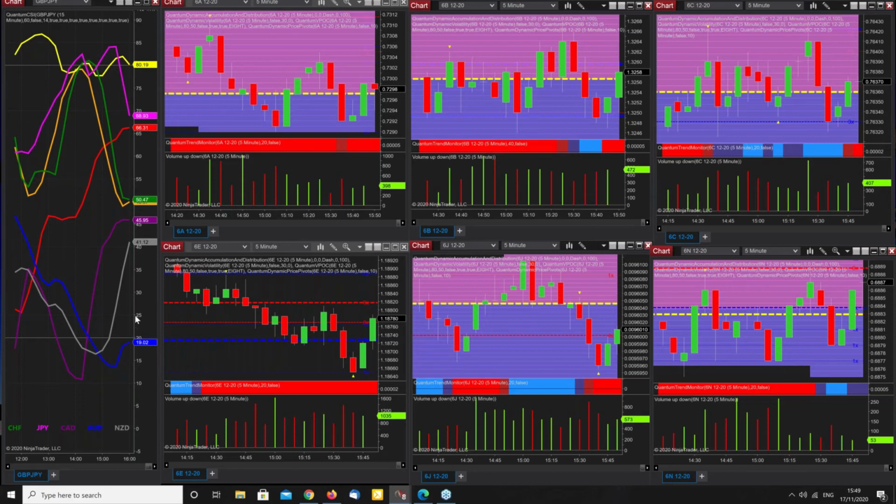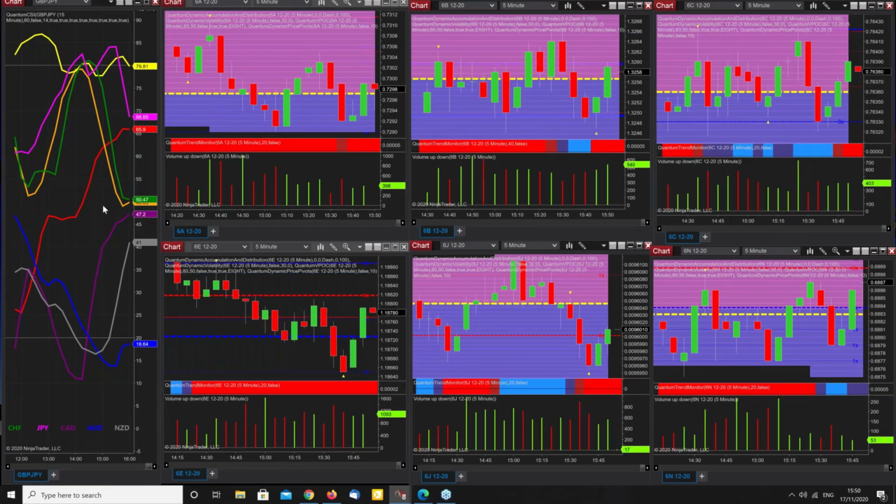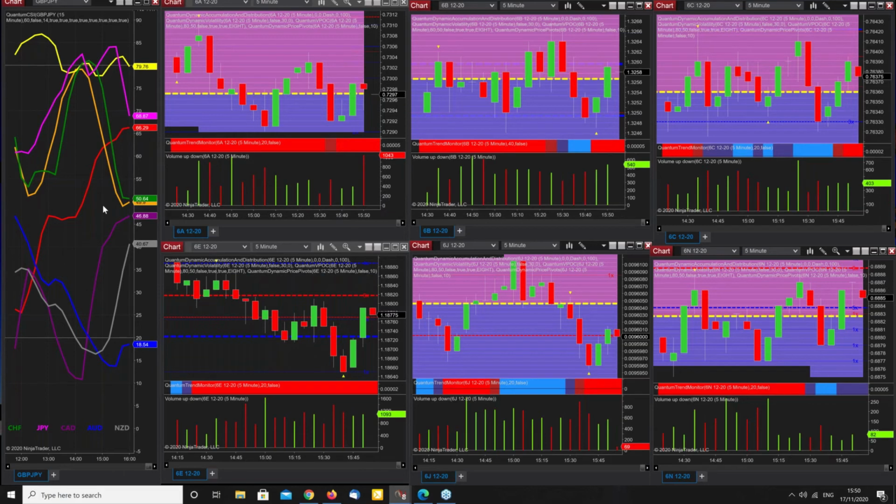You want to see the Aussie climbing with this sort of momentum, but certainly the yen is starting to fall away nicely on 15 minutes. So you're starting to see that ripple-through effect of a change in sentiment, and now we're starting to see risk-on sentiment take hold with the markets rallying further, which is nice if you're in that trend on the Renko.